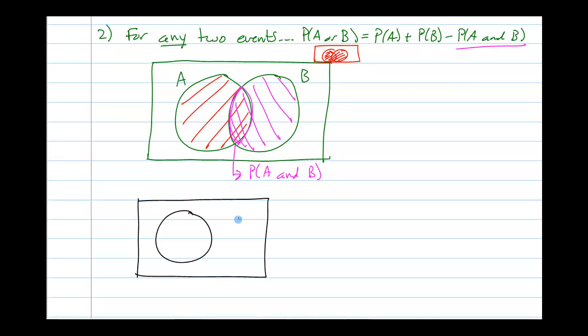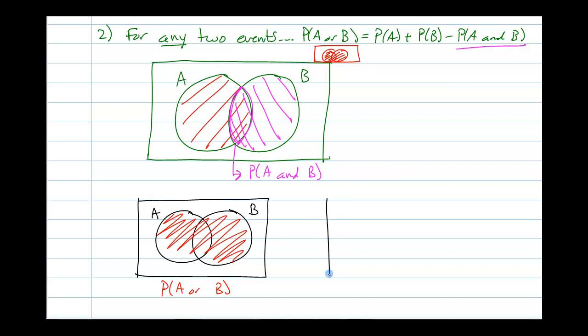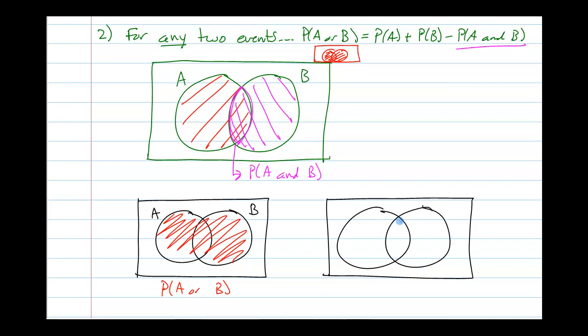If we have 2 events, this shading, just like we showed up above, is A or B. This shading in the middle that we have here is the probability of A and B.